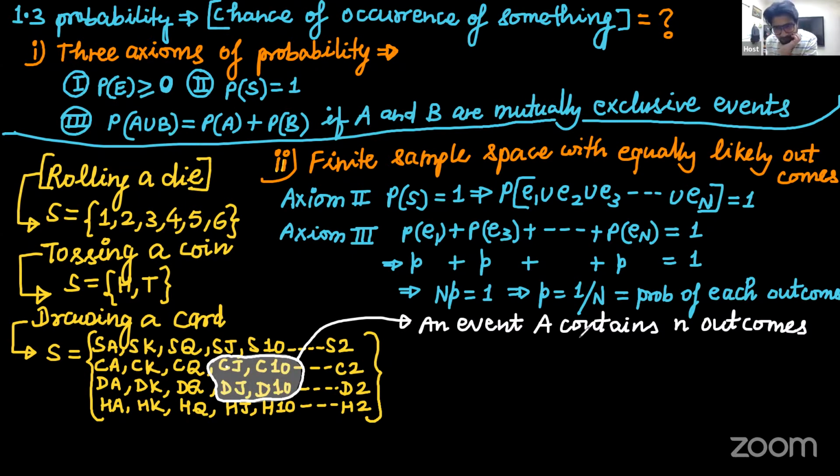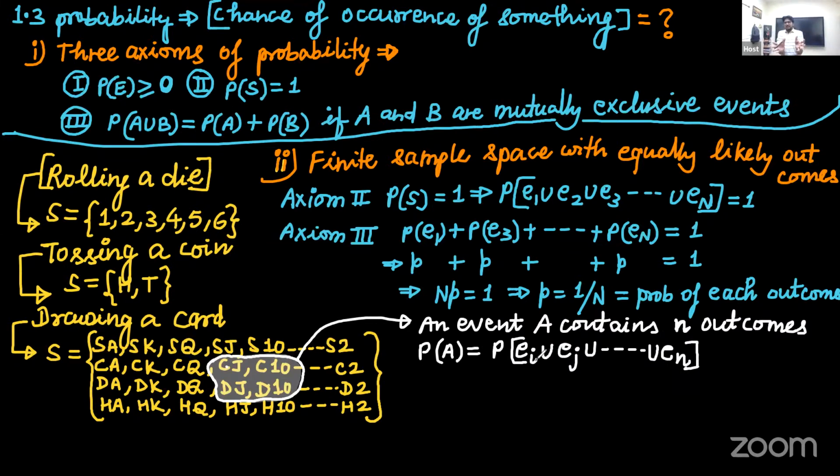So let's define an event that contains a small n number of outcomes. Then how is that event A satisfied? That event A is satisfied by satisfying the ith element union jth element, and so on, how many of them? Small n number of them.